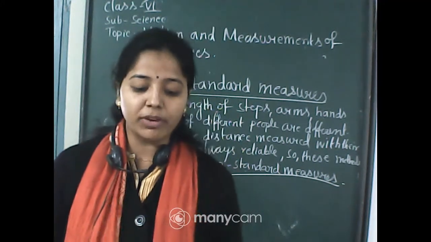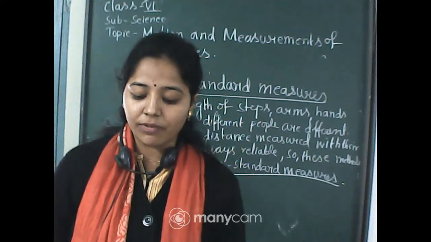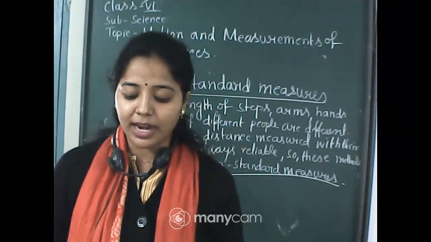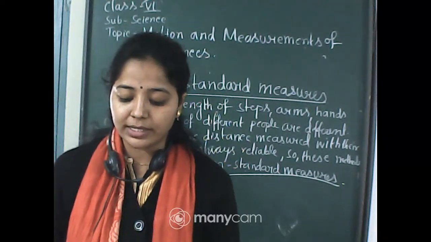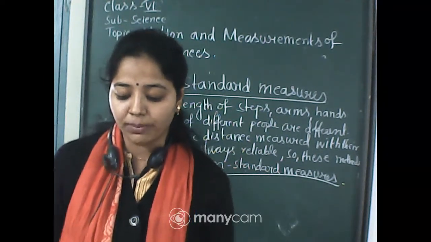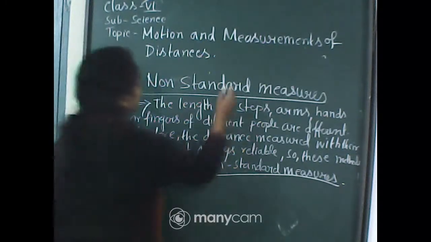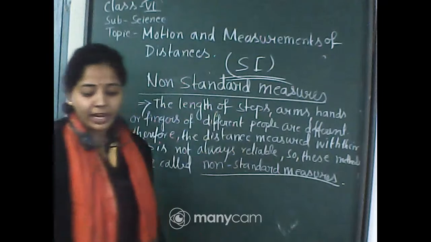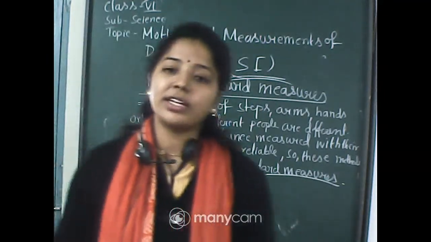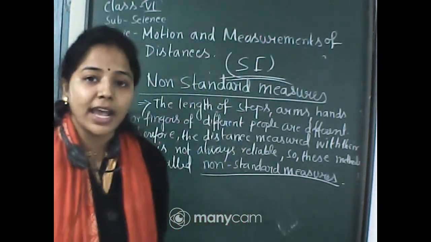For the sake of uniformity, scientists all over the world have accepted a set of standard units of measurement, and the system of units is now known as the International System of Units, or SI units.